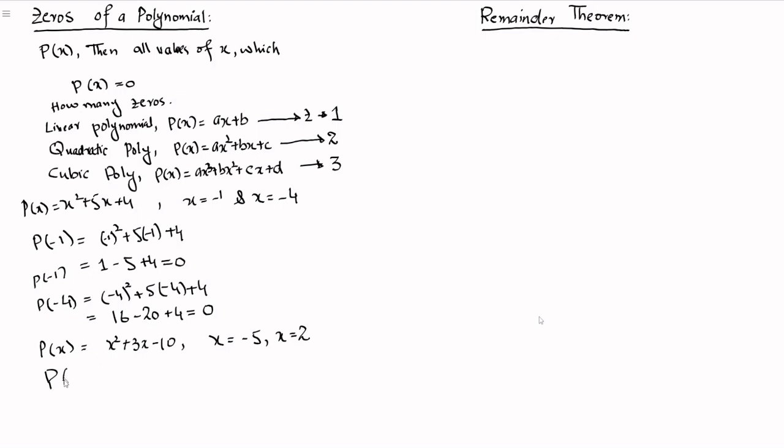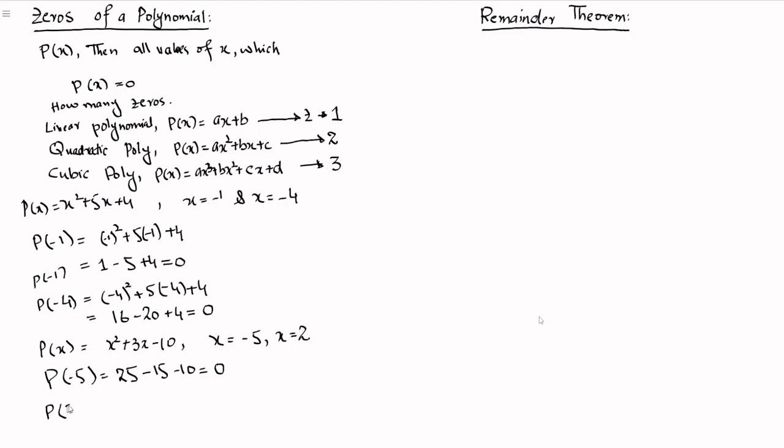So p of minus 5 will be 25, since minus 5 square is 25. 3 multiplied with minus 5 is minus 15, and minus 10. So minus 15 minus 10 is minus 25. 25 minus 25 is equal to 0. So minus 5 is a zero of this quadratic polynomial.